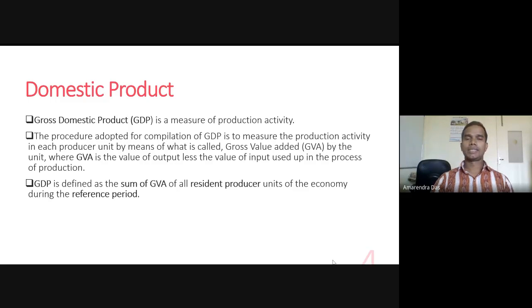It is by the resident producers, and within a fiscal year and within the national boundary. So that is actually gross domestic product. Again, to repeat, gross domestic product is the summation of gross value addition of all resident producer units of the economy during the reference period.